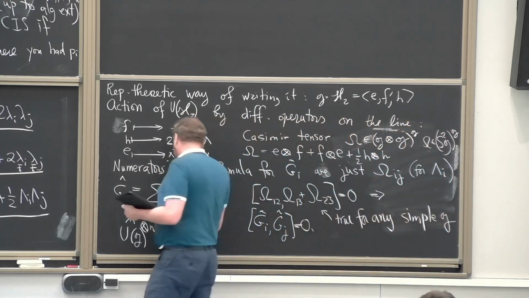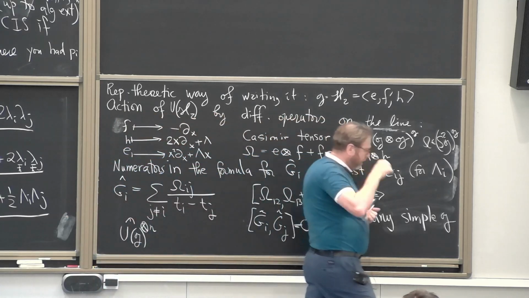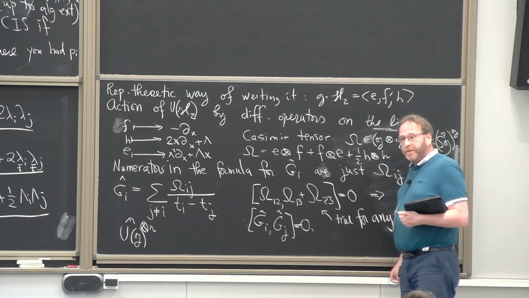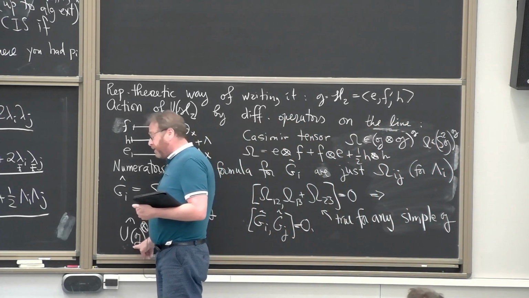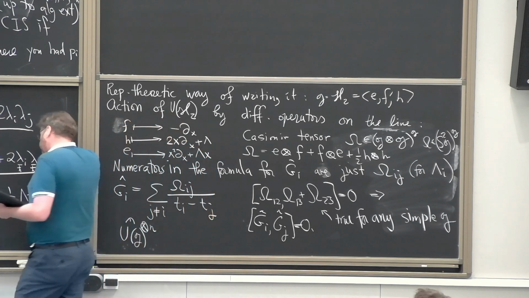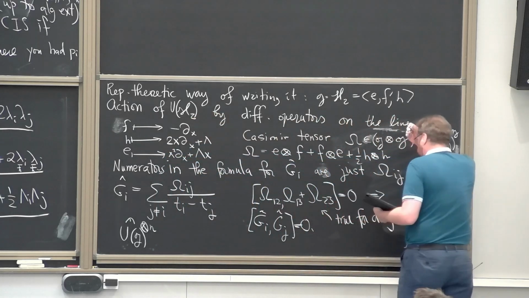And therefore, this is also true for any Lie algebra. So we do get a commuting system of operators for any Lie algebra. Well, they are not quite operators. They are elements of the enveloping algebra to the n. But we can make them into operators by making them act on representations.